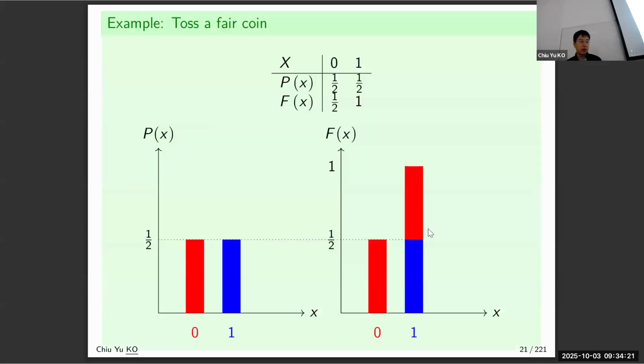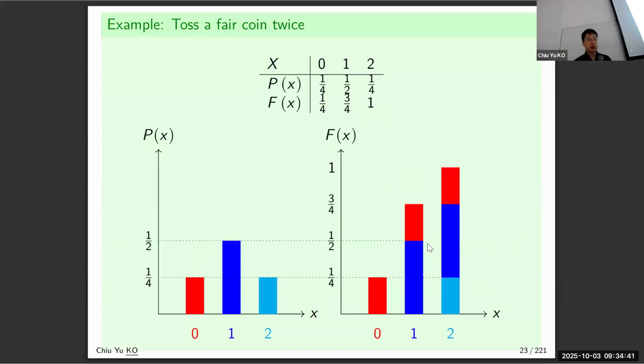Graphically, if you have the left-hand side, the P, you will see the right-hand side F by stacking the P. And if you unstack F, you get the P. They are the same thing, but you look at different perspectives. The same goes if you toss the coin twice, and it's not uniform, but the idea is still the same, right? You're stacking from P to F.